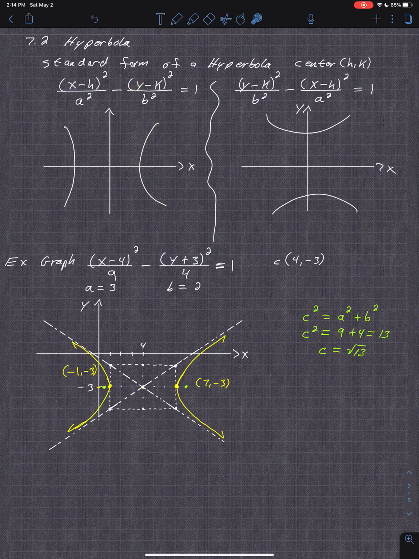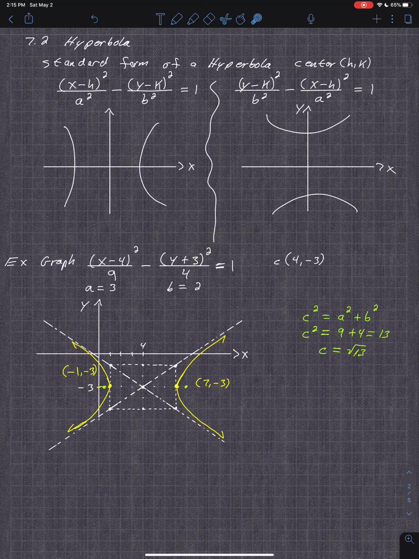If the negative is with the x, then it's going to open up and down. Or another way to think of it is, wherever it's positive, that's how it opens. Positive y, then it opens on the y. Okay, so that's the idea.